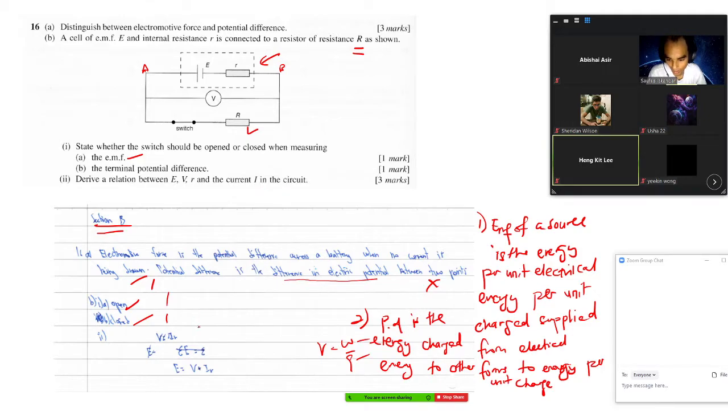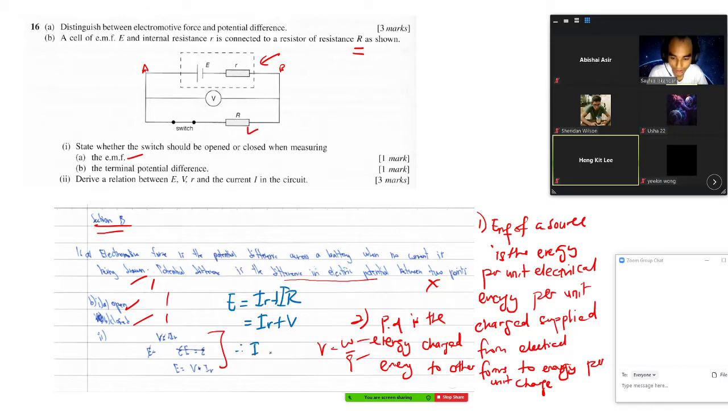I can see clearly how we derive it, but I will show you how. E equals Ir plus IR, which is the voltage drop V across the external resistor.